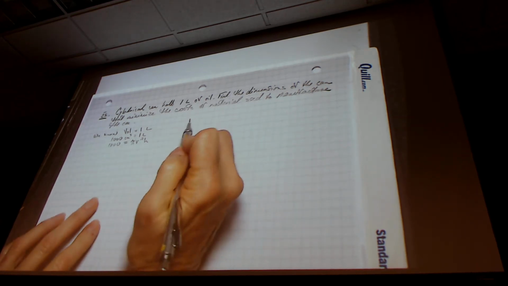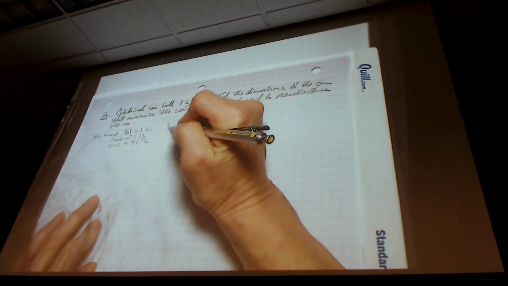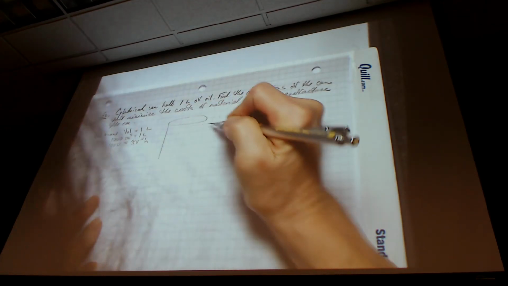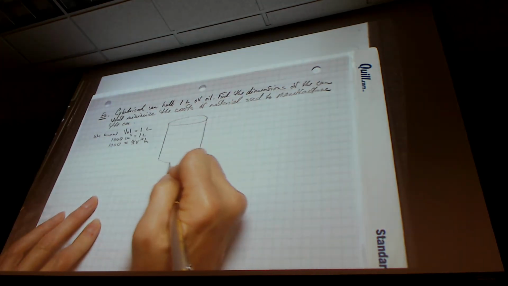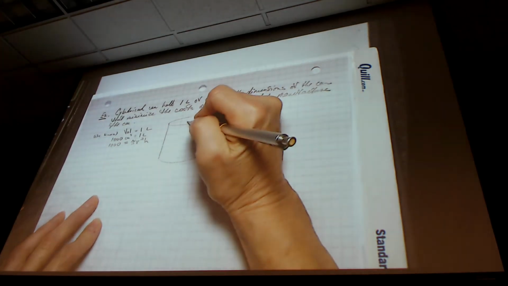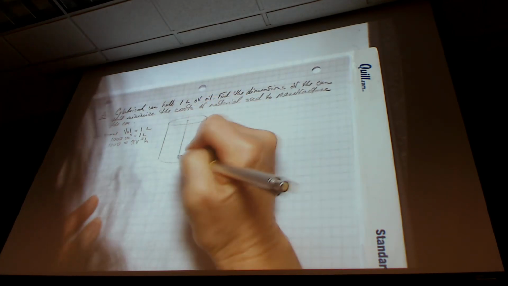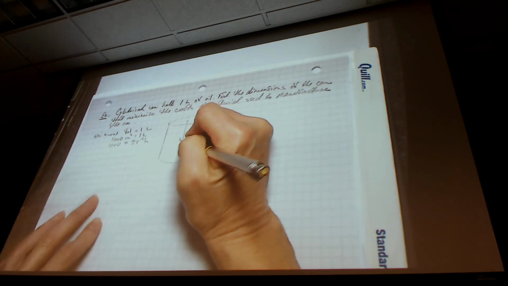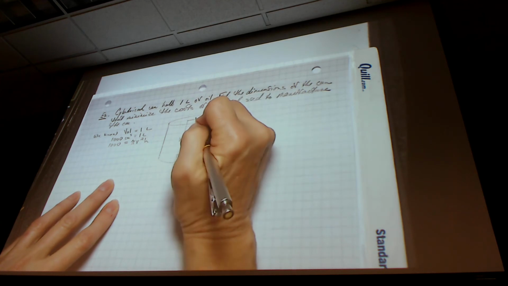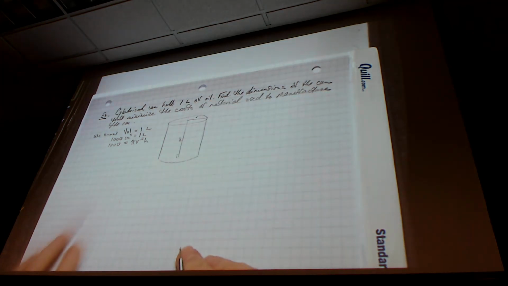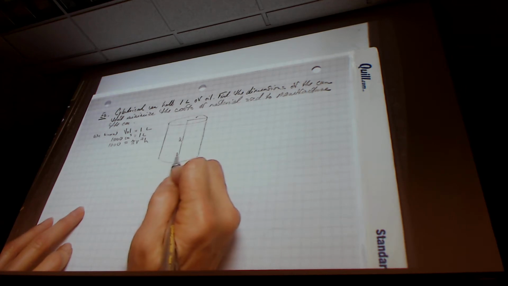Okay, now let's look at what the can might look like. Okay, from here to here, it's got some height. And then the radius of the base and the lid, they're both r, right? So that's kind of all we could draw really at this point.